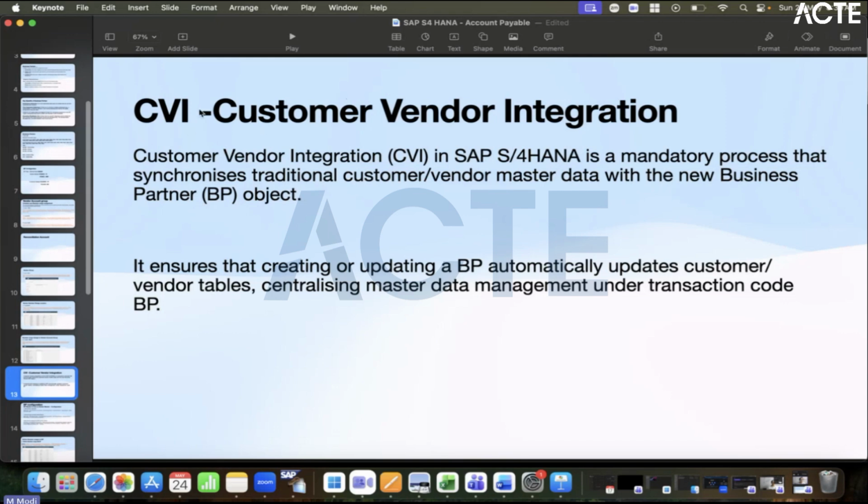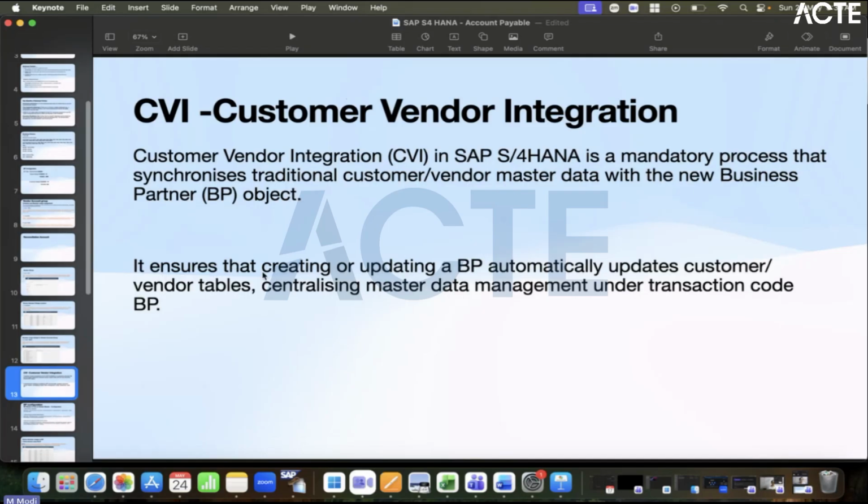It's a standard term. SAP has given this term, customer vendor integration. Customer vendor integration in SAP is a mandatory process that synchronizes traditional customer vendor master data with the new business partner object, BP.